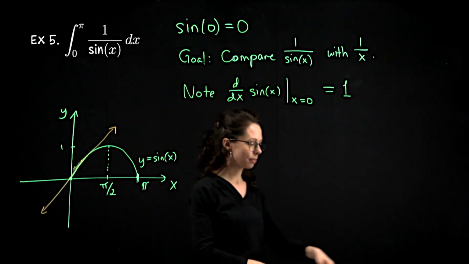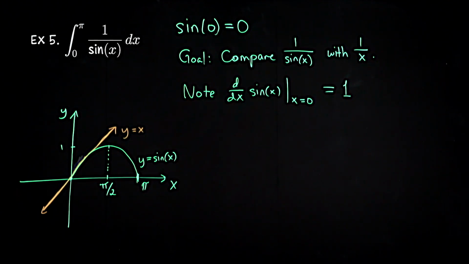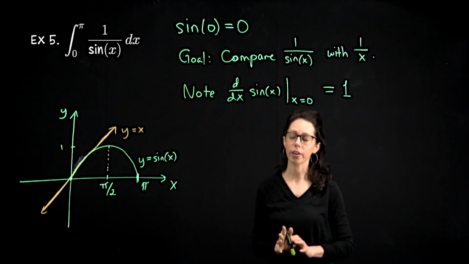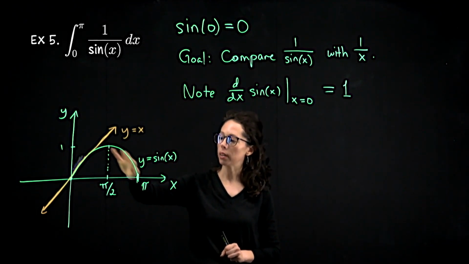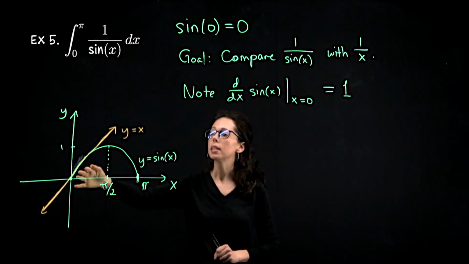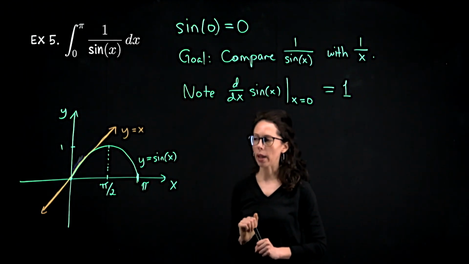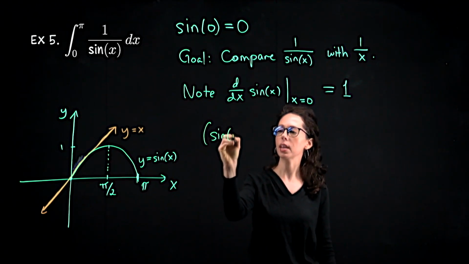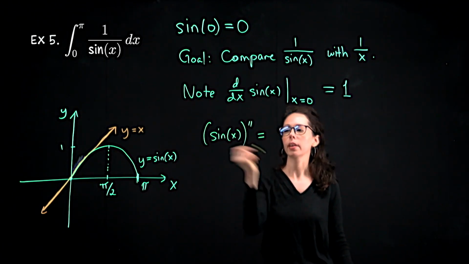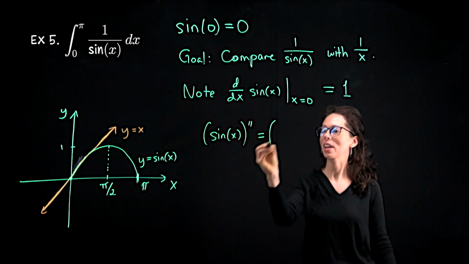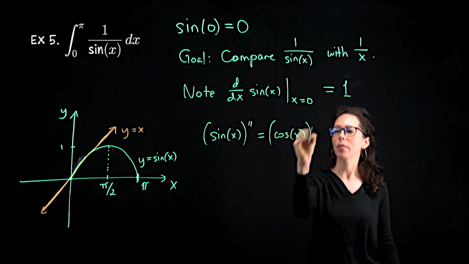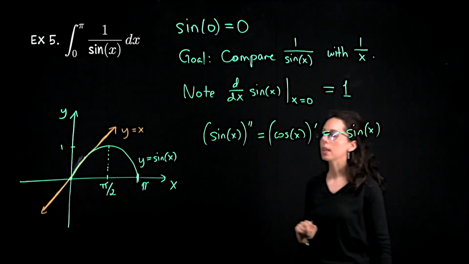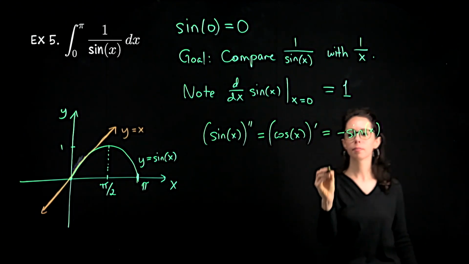Let me clean this up for a second. I sketched this graph fairly accurately, which means that this part of the sine oscillation that I've pictured here does in fact stay under the graph of y equals x. But how you could see that is if you look at the second derivative of sine. That's the first derivative of sine, which is cosine. So in other words, let me write cosine of x prime. That is negative sine of x, which is less than or equal to 0 from 0 to pi.